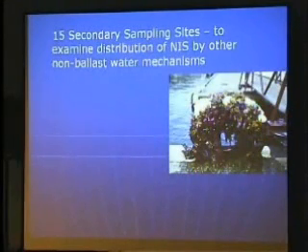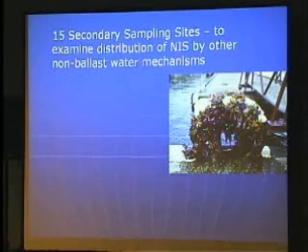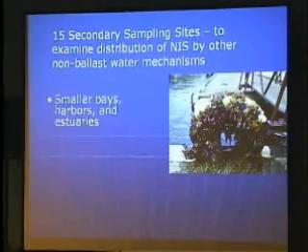Our next survey had 15 secondary sampling sites, with the goal of examining the distribution of non-indigenous species by non-ballast water mechanisms. So this survey focused on the smaller bays, harbors, and estuaries.